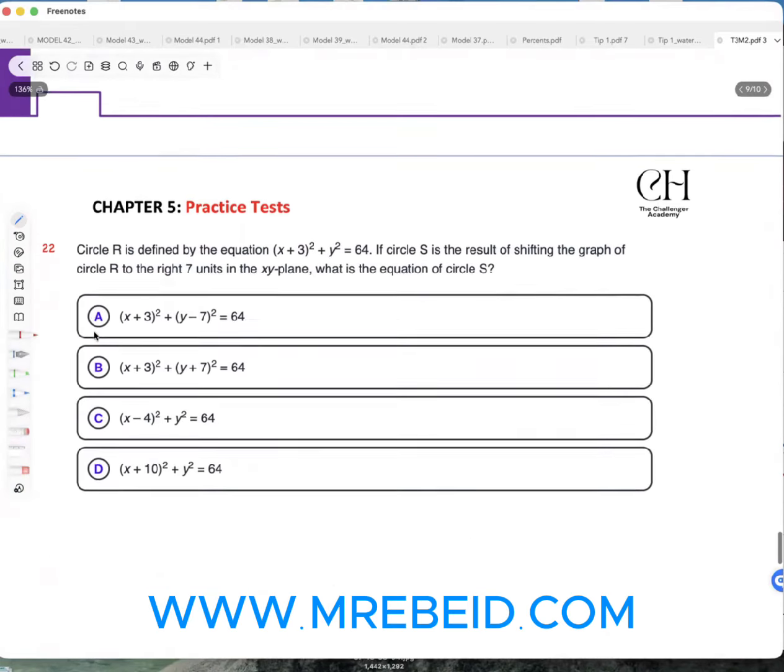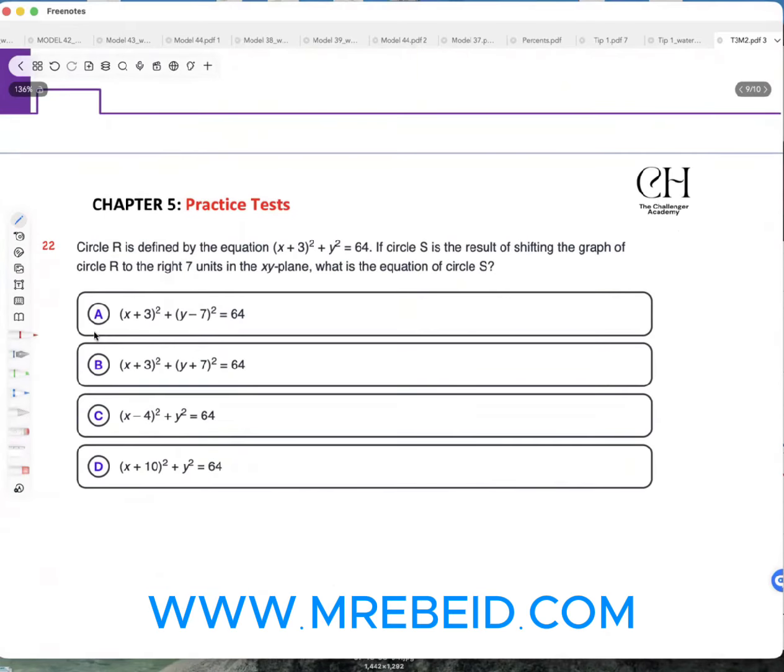Let's move to the next one, 22. Circle R is defined by the equation (x plus 3) squared plus y squared equals 64. If circle S is the result of shifting the graph of circle R to the right 7 units in the xy plane, what is the equation of circle S? You have to know that x is responsible for shifting left or right, and up and down is for y.